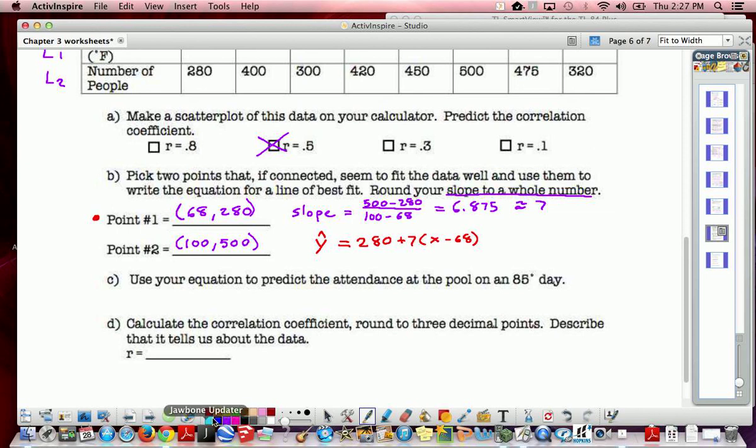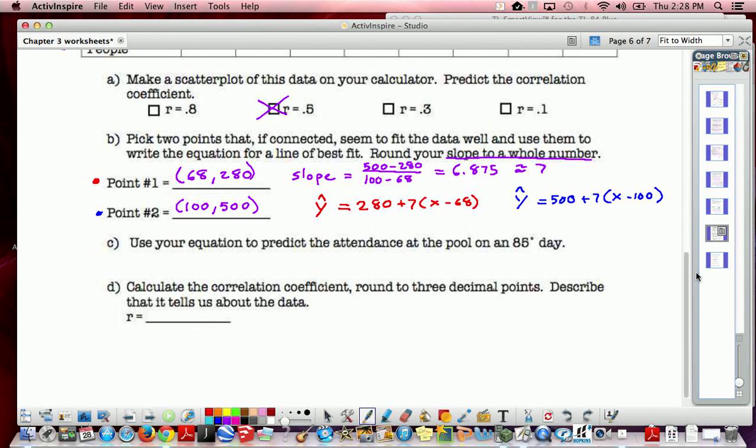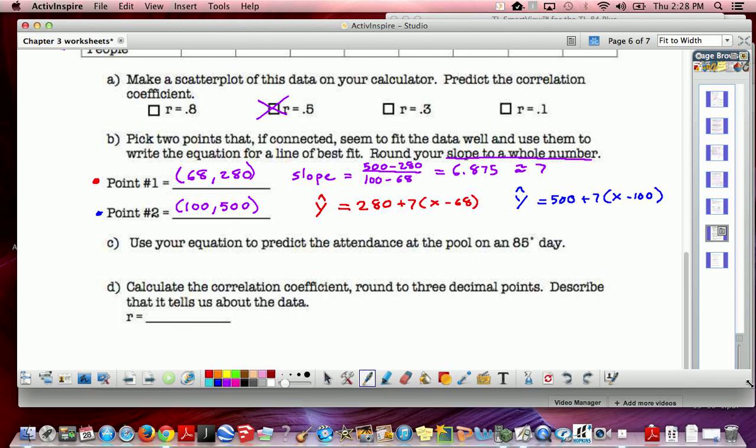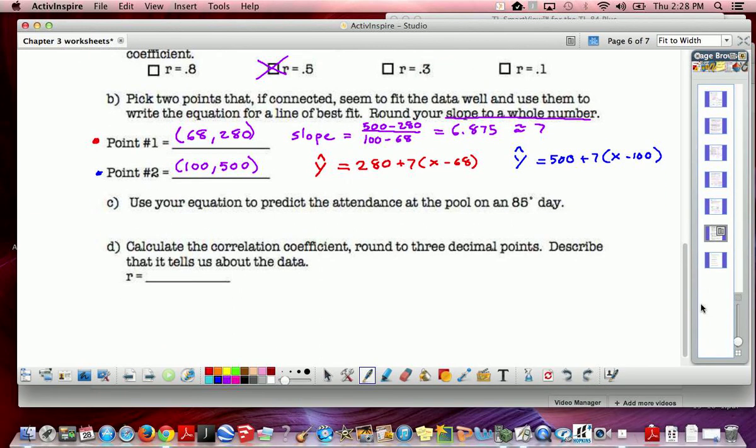Or for the second point, I could have y hat equals 500 plus 7 times x minus 100. Now, depending on which equation you use, you will get a slightly different answer for part C.